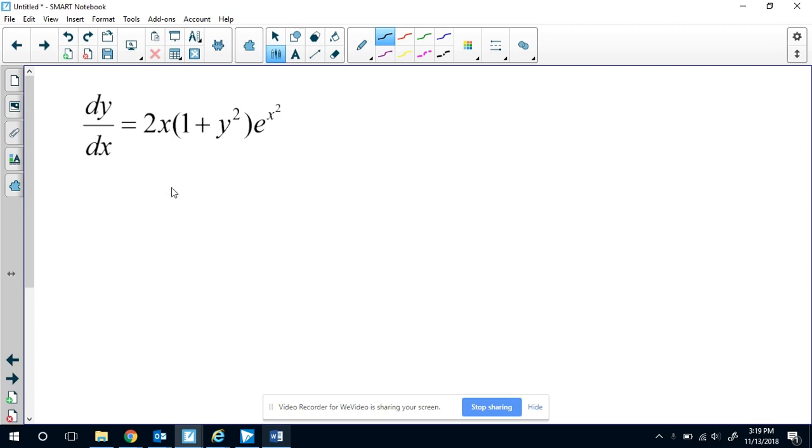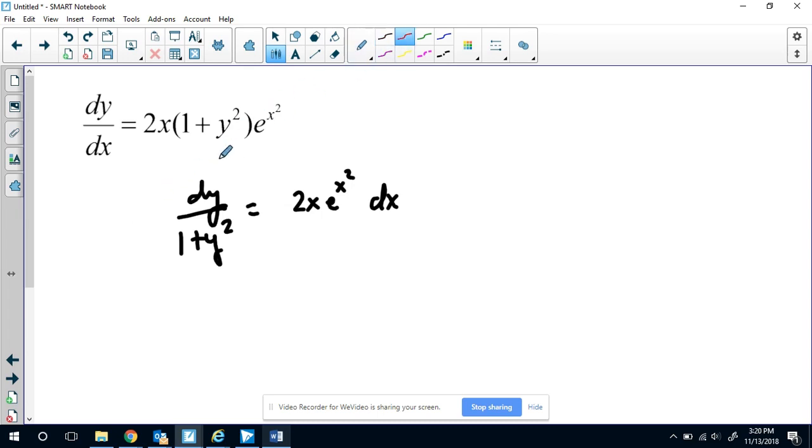So we're going to move all the things that have y over to the left and all the things that have x over to the right. So I'm going to have dy over 1 plus y squared equals 2x e to the x squared times dx. So I divide by 1 plus y squared, and I multiply both sides by dx.